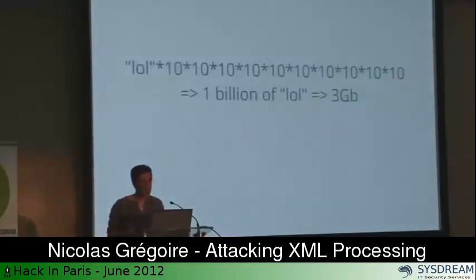So lol is 3 characters long, so we get something like 3 gigabytes of memory used in order to display this document. So it will be enough to trigger a little time delay, measure it, and be sure that the DTD is processed on the server.